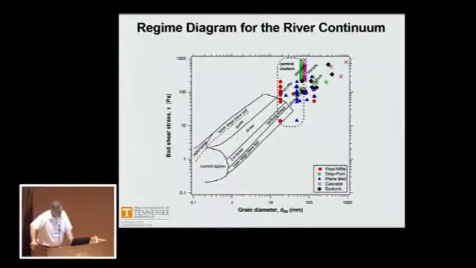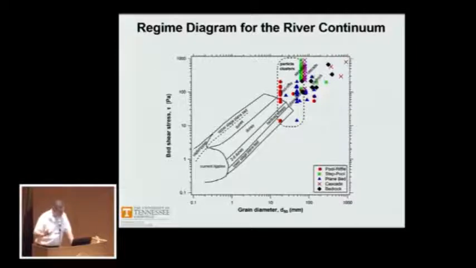So we do have a very detailed regime diagram for the sand bed rivers, but for the gravel bed rivers, that's not the case. So what I did is I attempted to put some of the dots there where I believe, based on data that we have.